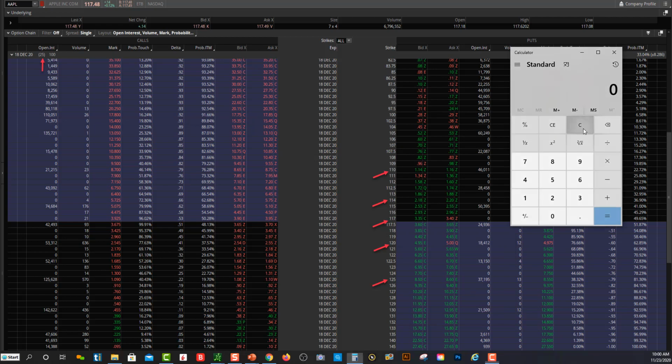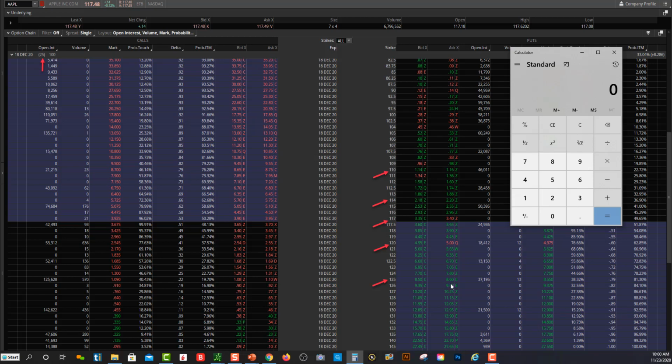Let's take a look at a couple of put examples to show you. So how you calculate it on the put side, instead of adding it onto the strike price, what you pay over here on the ask, and by the way, don't just go and buy the ask. You want to make sure you get the best pricing.